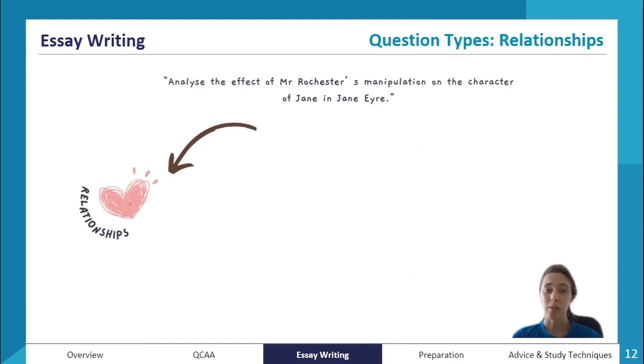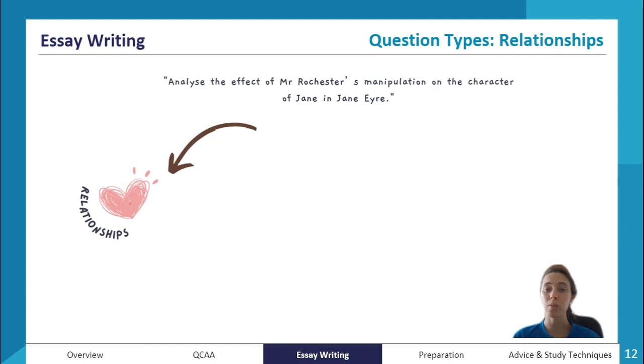So relationships. Analyze the effect of Mr. Rochester's manipulation on the character of Jane in Jane Eyre. So this is that example of relationship between 2 characters. They're asking for an effect of one character on another. It could be worded in a bunch of different ways. It could directly say, what is the relationship?